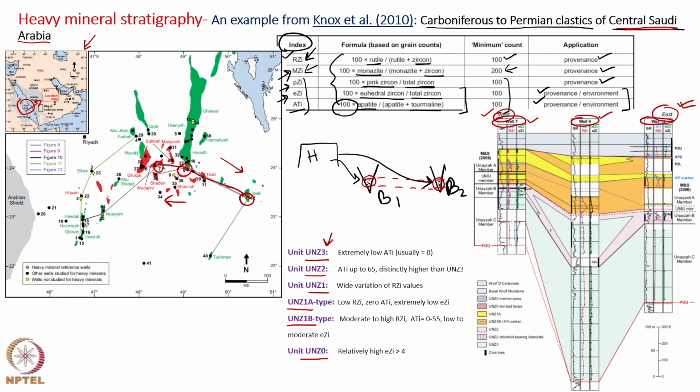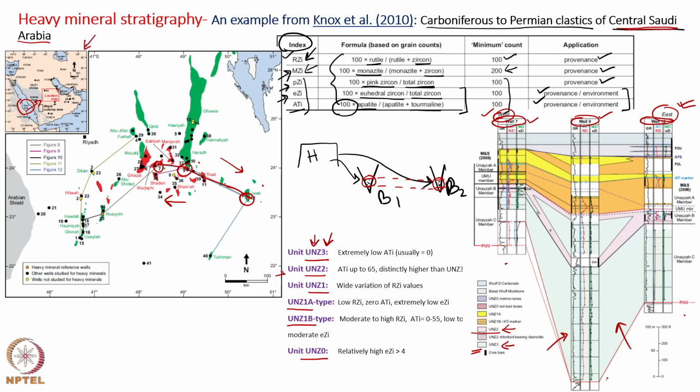UNZ3 is the bottommost unit shown by this color, which can be seen here, and how the link has been made from well 7 to well 9 to well 12 has been shown. Now over it, UNZ2, UNZ3 is over here.